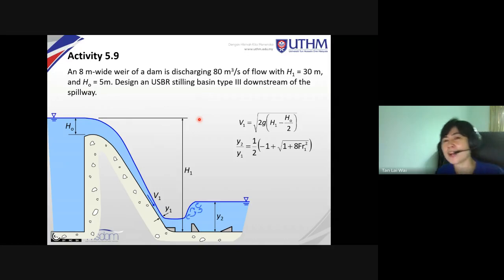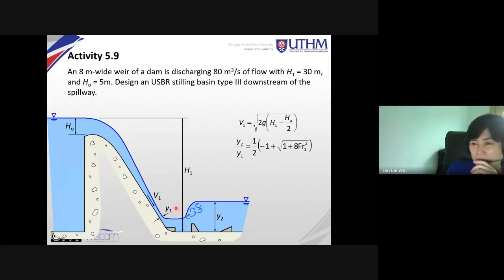Okay. Now, let's look at this one activity. Maybe I'll show the video later, we'll just go through our slide first. Activity 5.9 here. We have a weir, 8 meter, on top of this spillway that will release the water. So when I say 8 meter wide, that means the spillway is 8 meter wide as well.